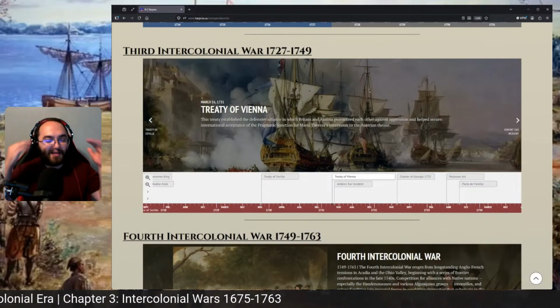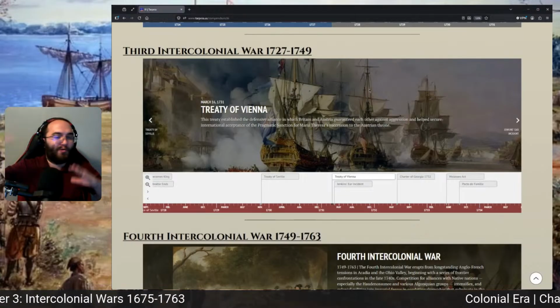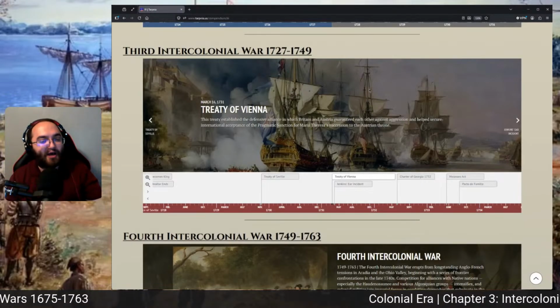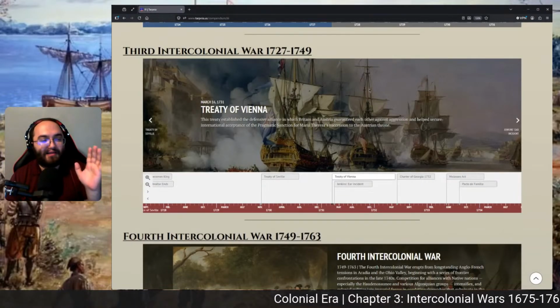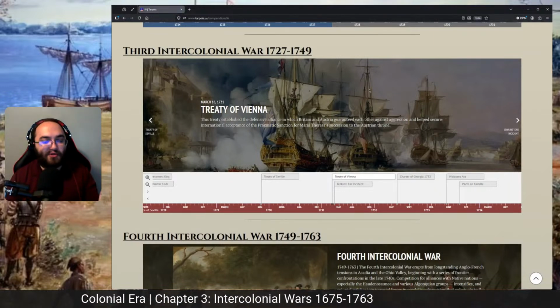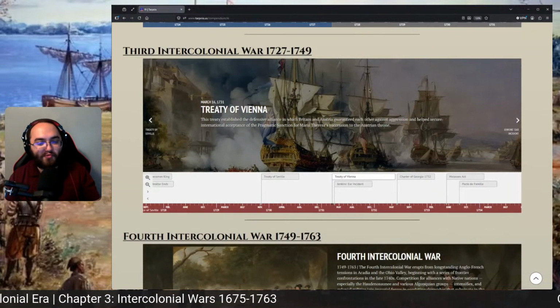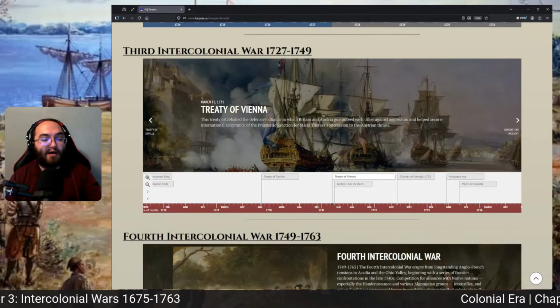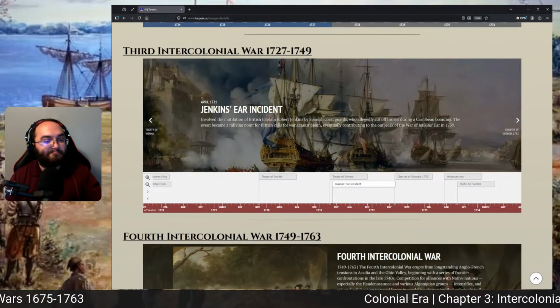So trying to keep track of all these treaties because they're always changing is kind of difficult. But again, I think we're doing at least a half decent job keeping track of the treaties and who's aligned to who and how that will impact the wars to come.